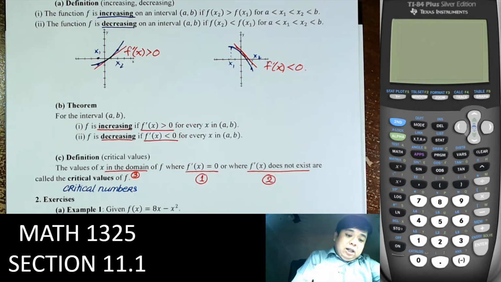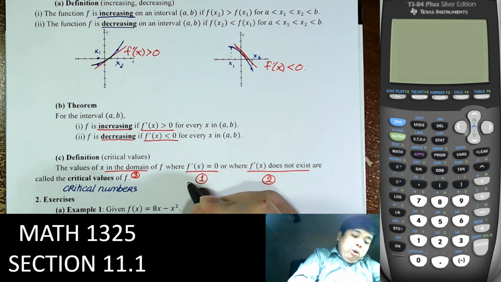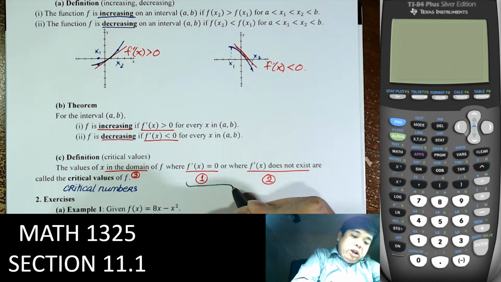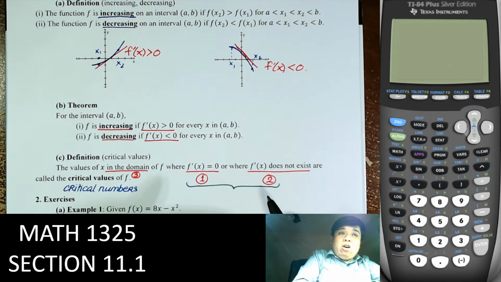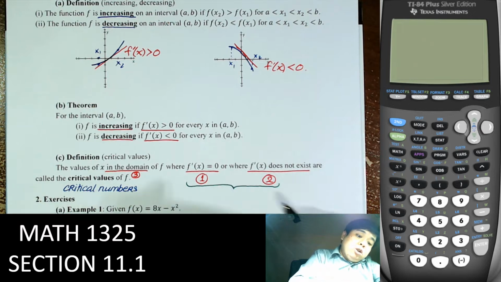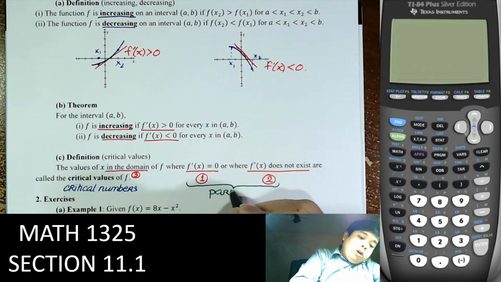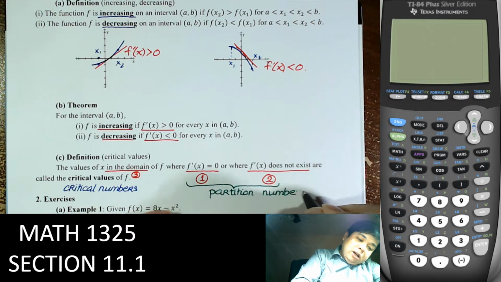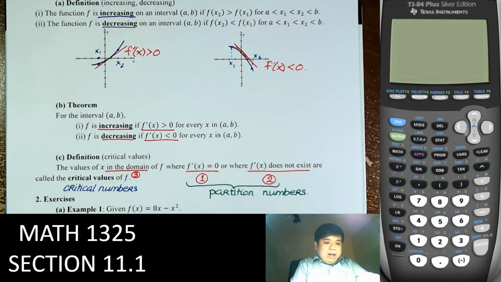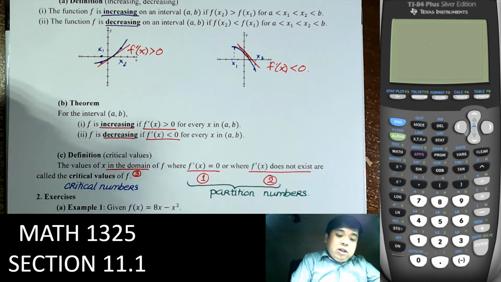However, to make things easy, if we only have these two conditions, 1 and 2, whether that is in the domain or not, it doesn't matter. If we have those two properties, we call that a partition number, which will have some use later. So partition numbers, if they have these two properties.